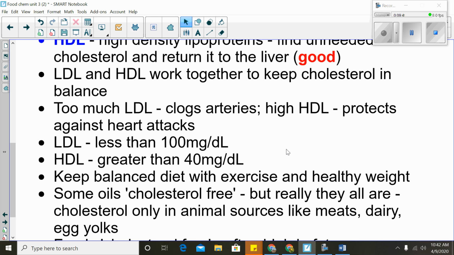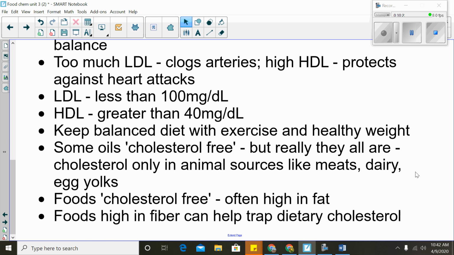Your LDL level should be less than 100 milligrams per deciliter. Your HDL should be greater than 40 milligrams per deciliter. Those numbers aren't going to mean anything to you unless you actually have a test and can check your own levels against those. But the big problem is having too high of an LDL level. If you keep a balanced diet with exercise and a healthy weight, you should be in pretty good shape.